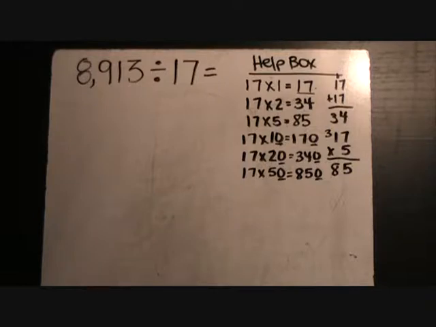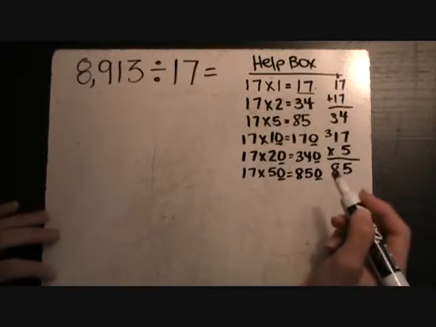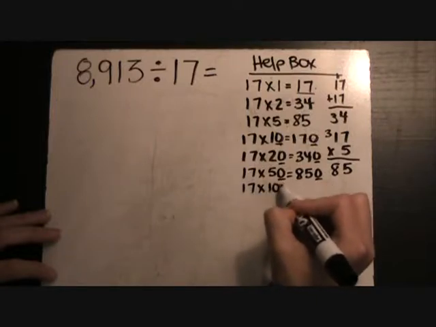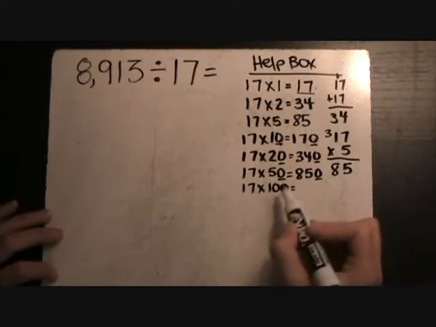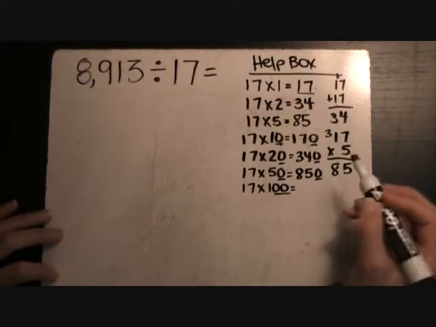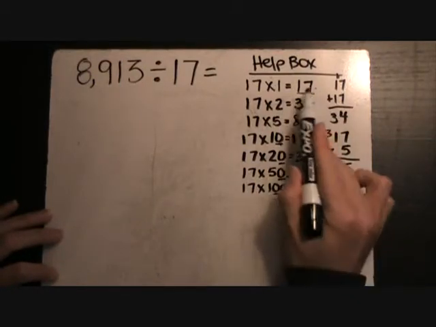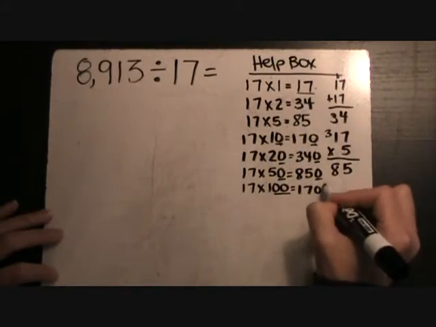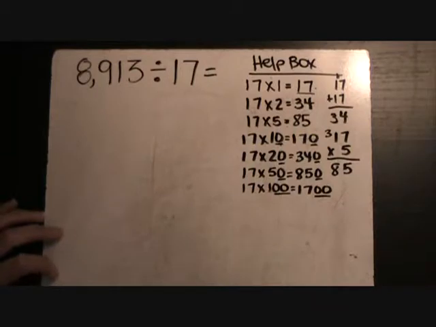I'm going to move on to 17 times 100. And here I've added 2 zeros. So in my answer, I would add 2 zeros. 17 times 1 was 17. So 17 times 100 would be 1,700.